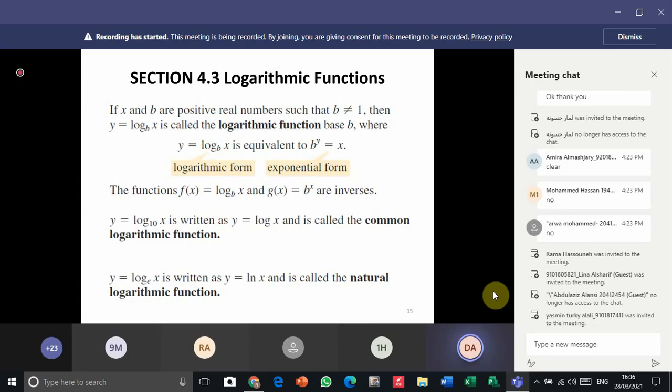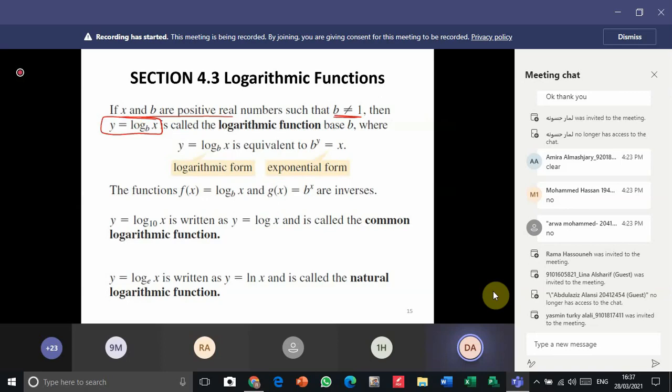If we have x and b positive real numbers, so x and b must be positive, such that b is not equal to 1, then look at this: y equals the logarithmic function, logarithm of x to base b. x must be positive, b must be positive. b is called the base, x the argument, and y is the value of the logarithm.